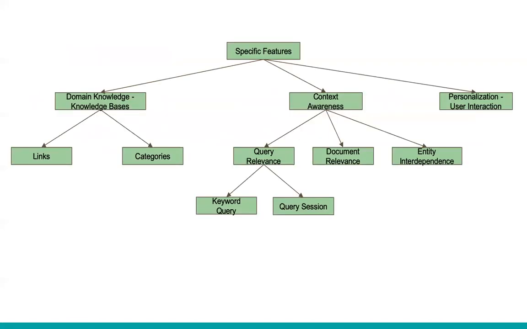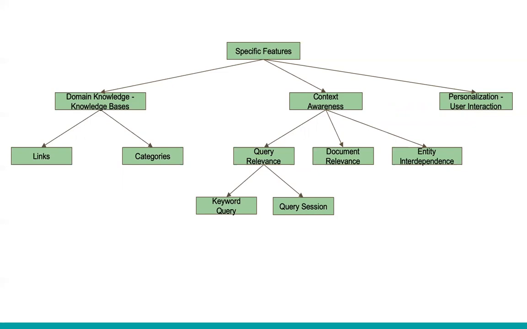So if you look at the broader picture, like specific features, you have domain knowledge using knowledge bases, then context awareness, where you have query relevance and document context using word and more natural language level, and then entity interdependence. So you're creating entity summaries as a collection, not one by one.